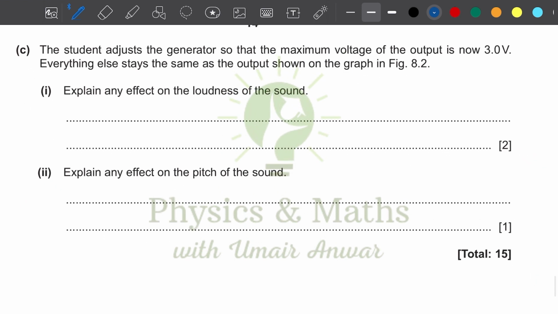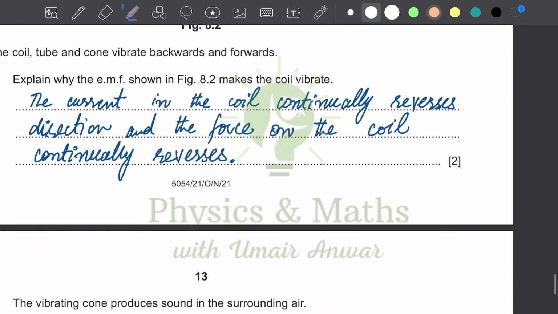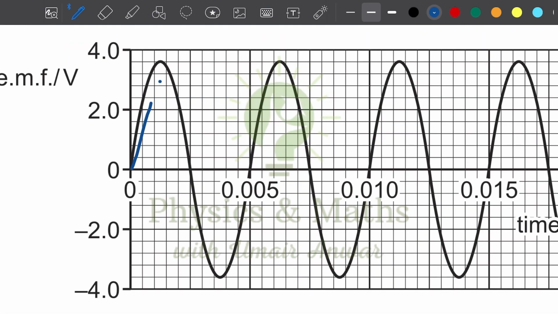The next part says the student adjusts the generator so that the maximum voltage of the output is now 3 volts. Everything else remains the same as the output shown on figure 8.2. Explain any effect on the loudness of the sound. Now, since the maximum voltage is decreasing, before it was greater than 3 volts and now it has been reduced to 3 volts, so the new pattern for the wave would be like this.